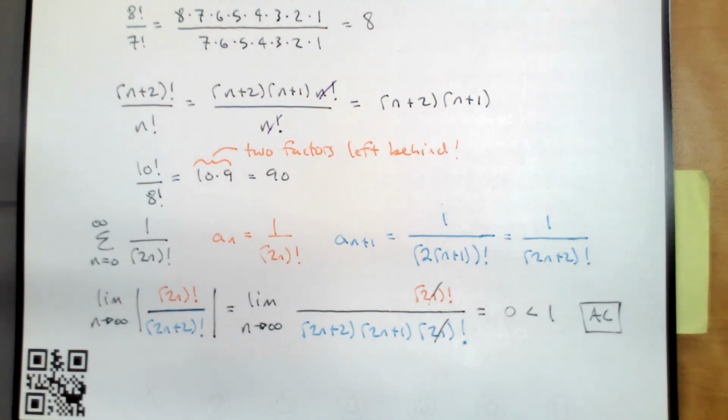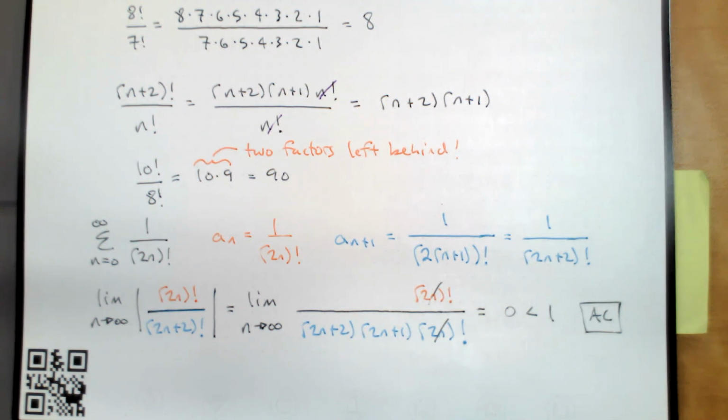So factorials can only be canceled with other factorials. So we have to look at how the factorials are going to interact with other factorials. But once we see some factorials running around in our power series, if we see a factorial in the denominator unchecked by a factorial in the numerator, then that's going to start looking like that power series converges for all real numbers. An infinite radius of convergence.